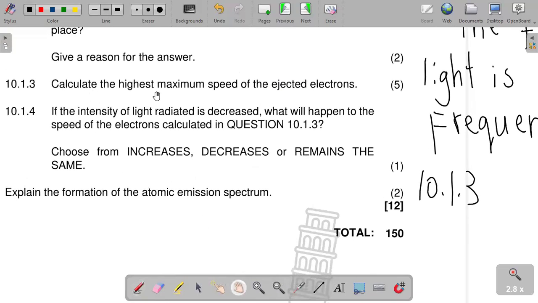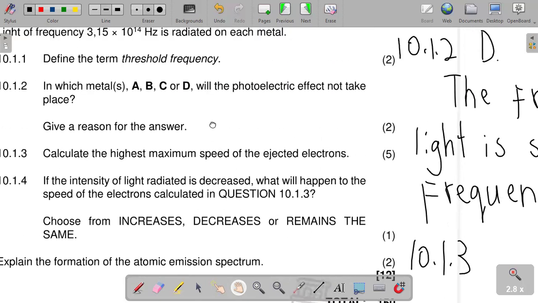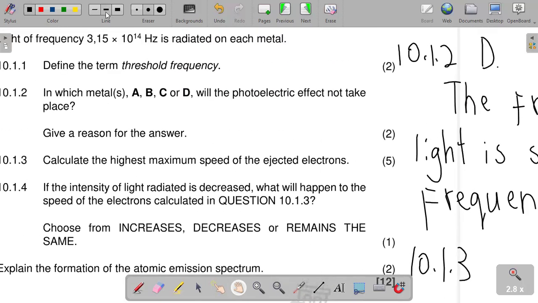Then calculate the highest maximum speed of the ejected electrons. In order to get the highest maximum speed, this means the lowest threshold frequency, because the lower the threshold frequency, the higher the maximum speed.